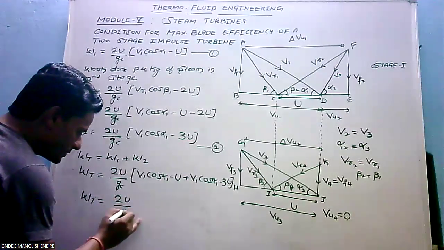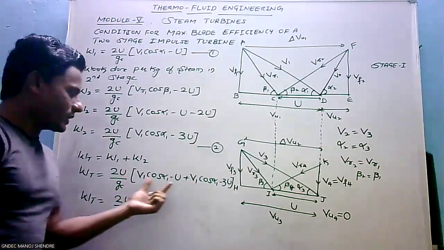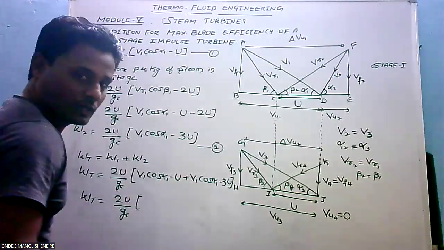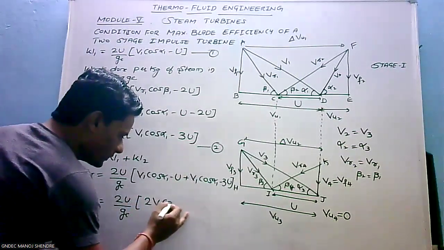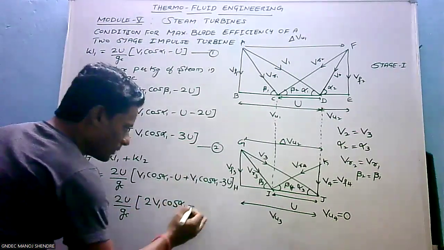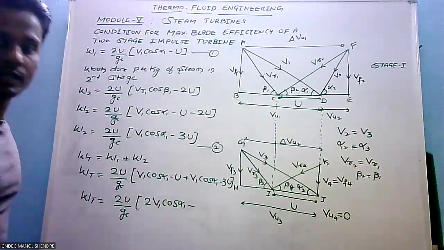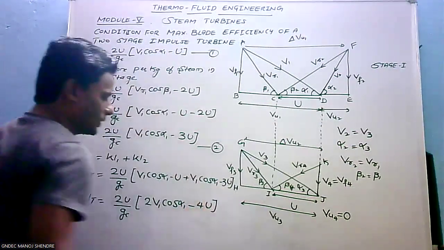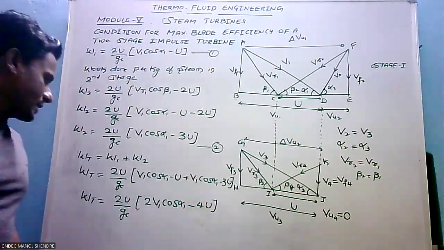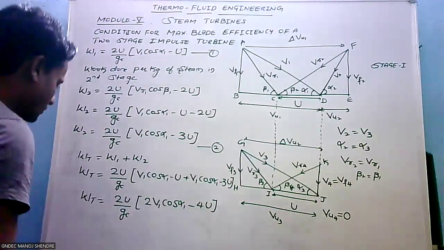So WT equals 2U by GC as it is, into 2 V1 cos alpha 1 minus U minus 3U, which is minus 4U. Let us take 2 outside the bracket. 2 into 2 is 4.